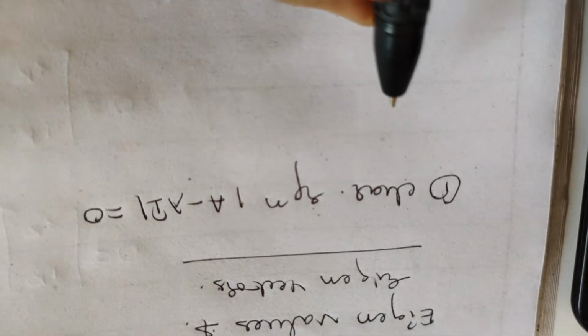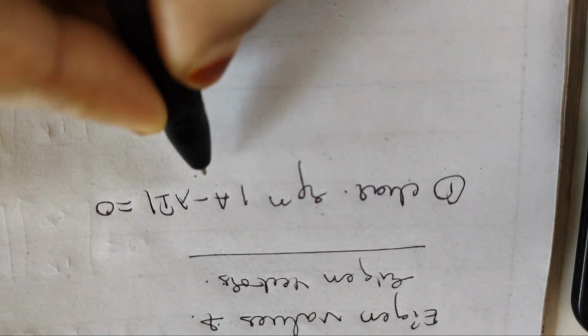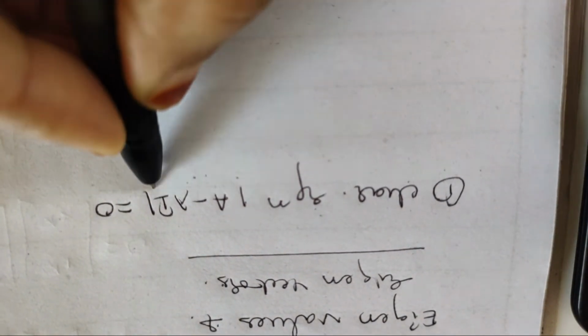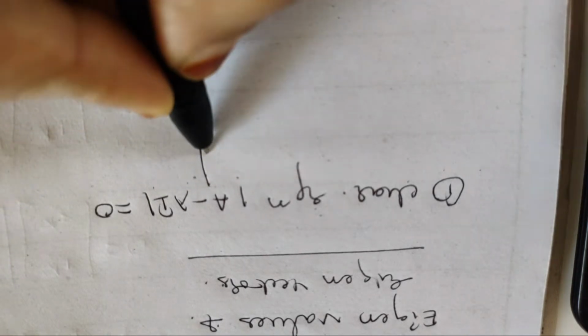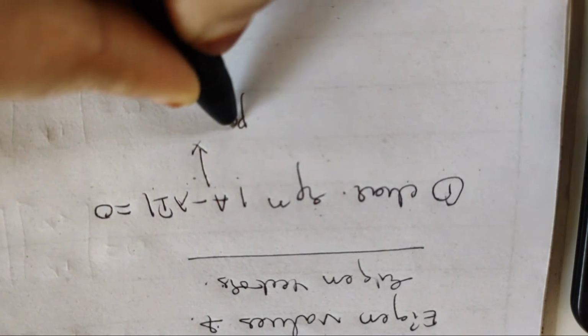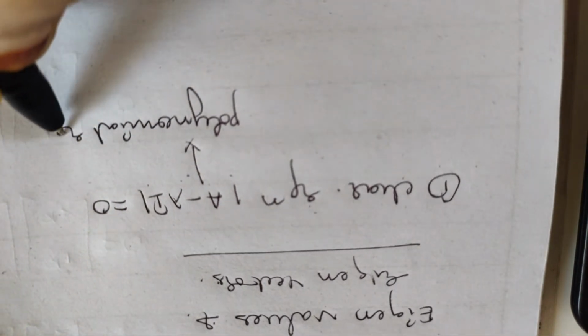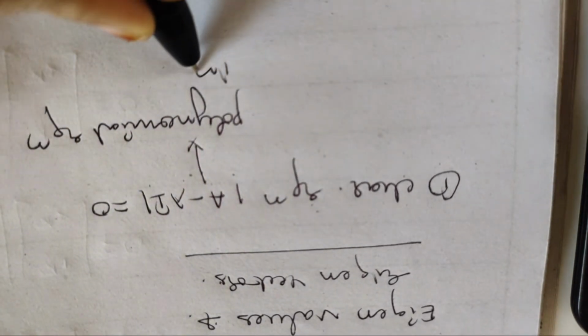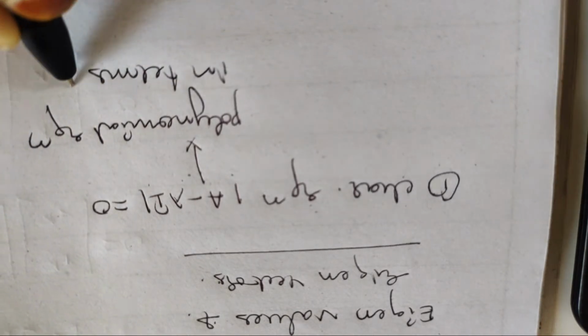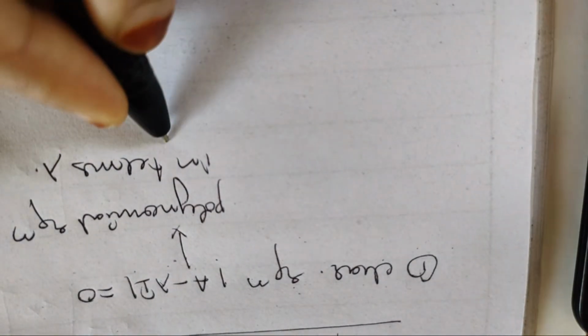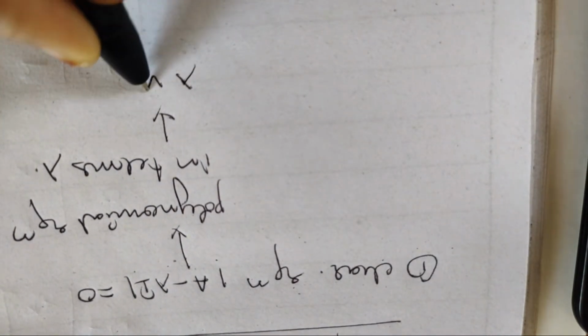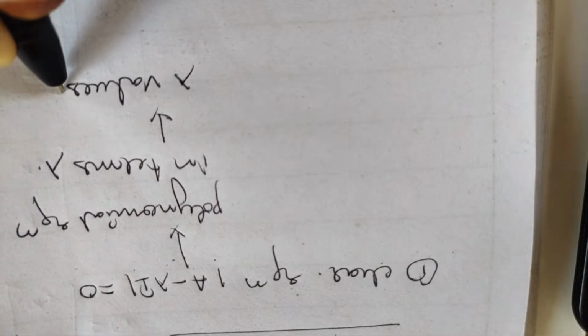After solving this determinant of A minus lambda I, we are going to get one polynomial equation in terms of lambda. When we solve this polynomial equation, we are going to get lambda values.